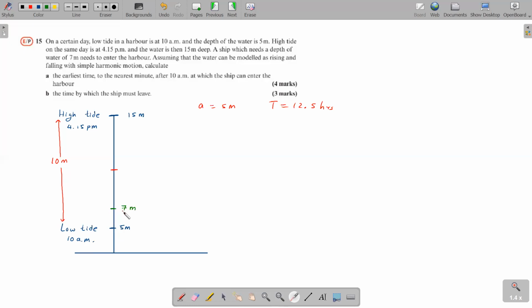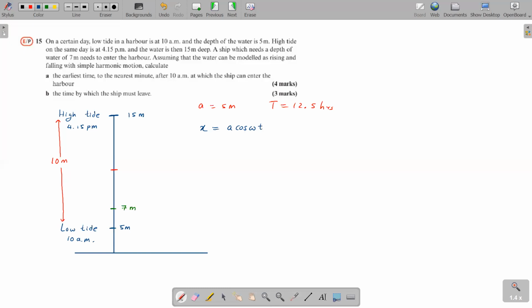If you are at the amplitude when time is 0, what equation are you going to use to get the time? We use x equals a cos omega t.